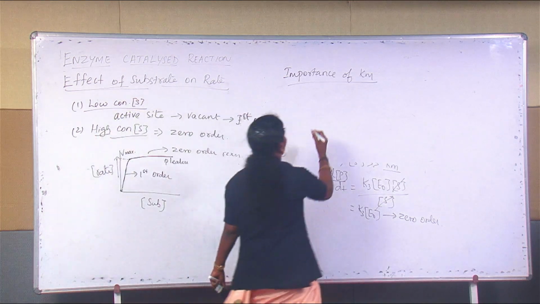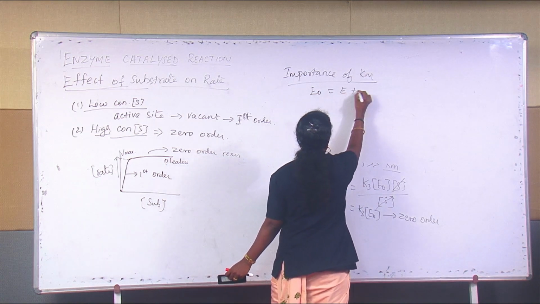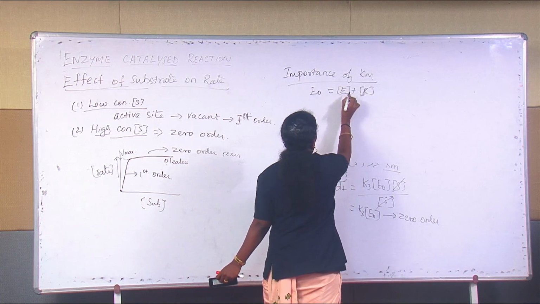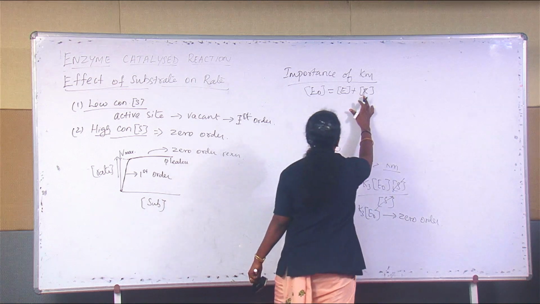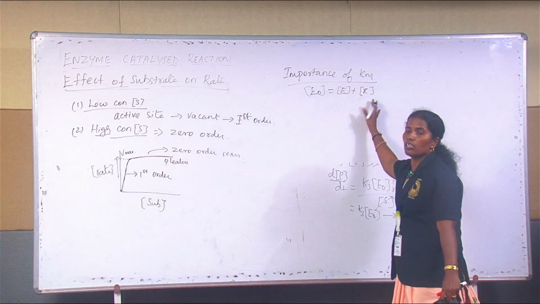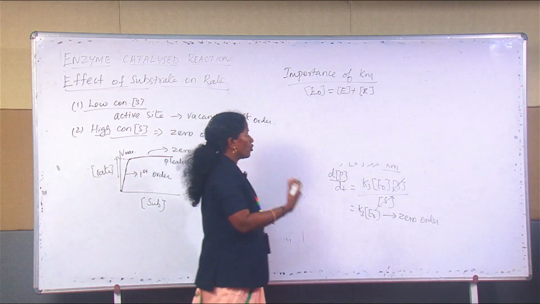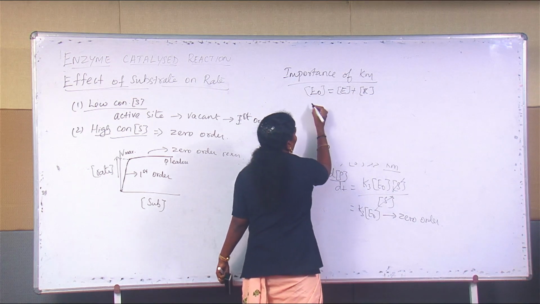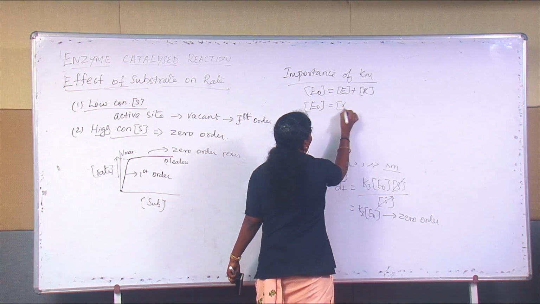That means previously we wrote total enzyme equal to E plus X, that is, unreacted enzyme plus enzyme in the intermediate complex. So in the Michaelis Menten equation, all the enzymes are utilized, there is no free enzyme. So we can neglect the E value. So E0 equal to X.